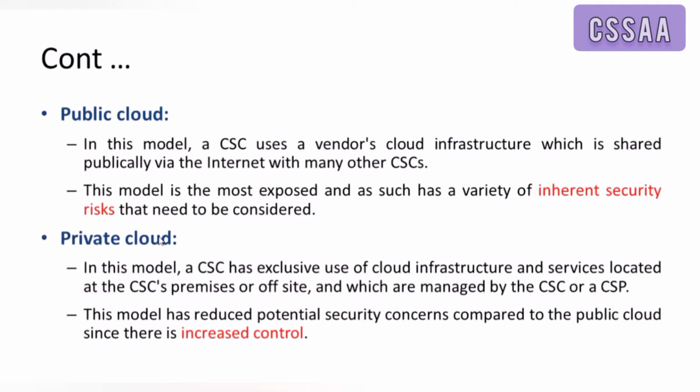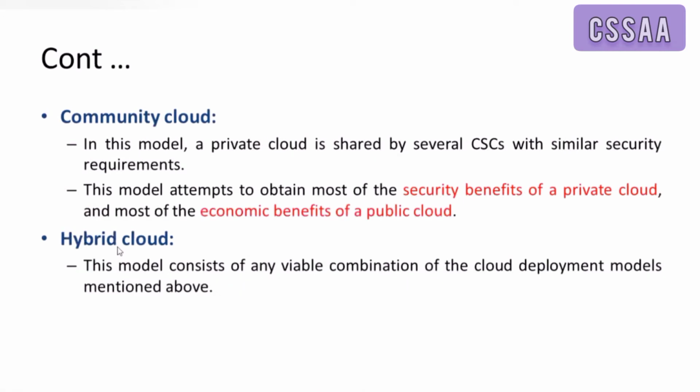When it comes to only one particular user or organization, the complexity of security is improved a little. So there are reduced potential security concerns when compared with the public cloud, and the control of infrastructure is also greater with private.